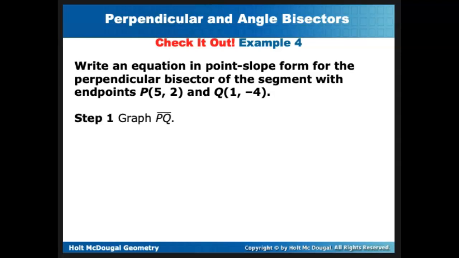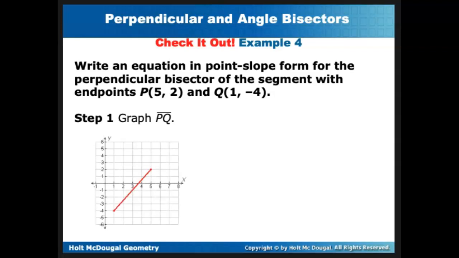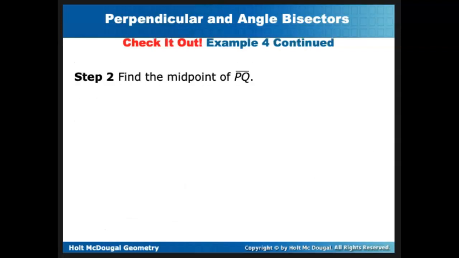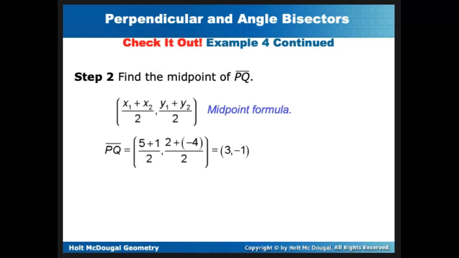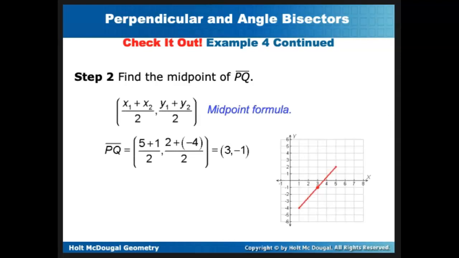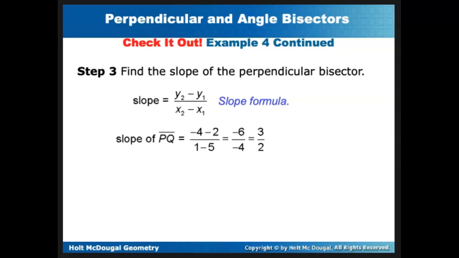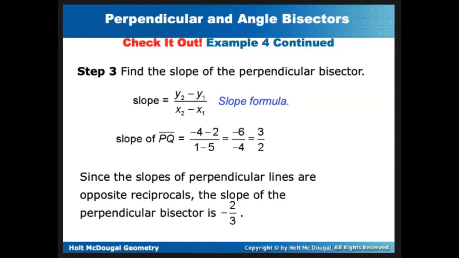So we're going to graph PQ, find the midpoint, and then we need to find the slope. Find the slope of the line and then just flip it and negate it. And you can use either one of the first points that were given to do that.